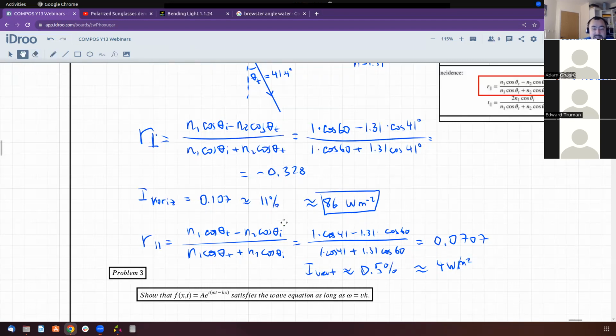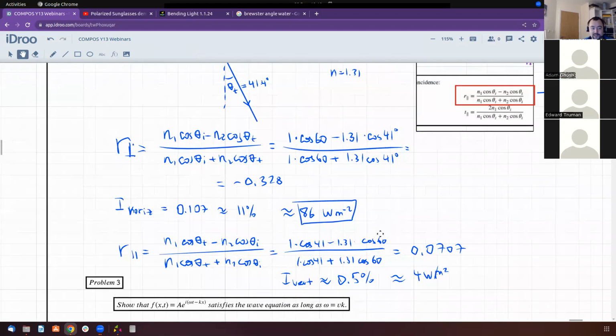If the incident light is horizontally polarized, the intensity of the reflected light would be 86 watts per square meter, which is quite a bright light. And if the light is vertically polarized, a lot of it won't be reflected.